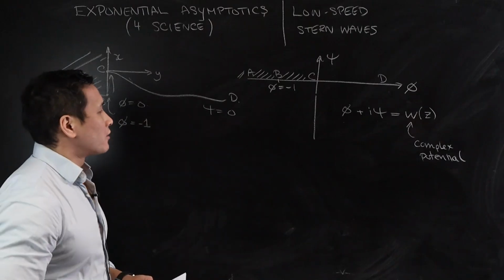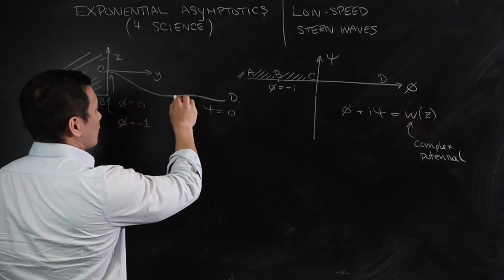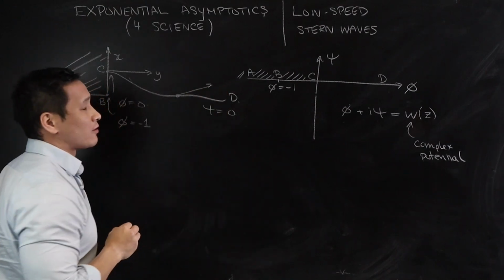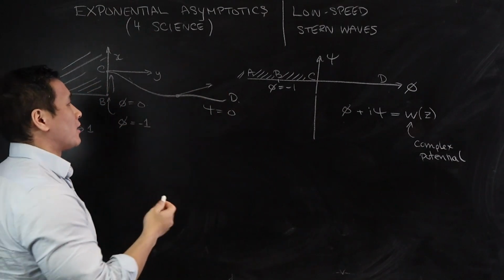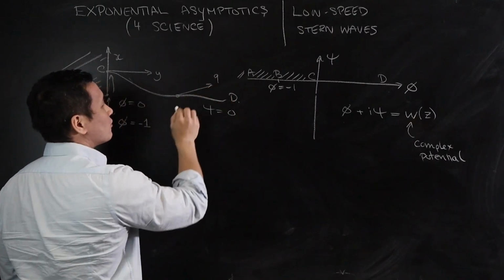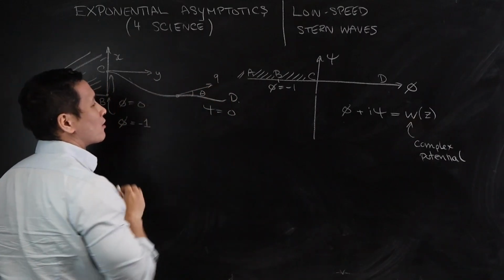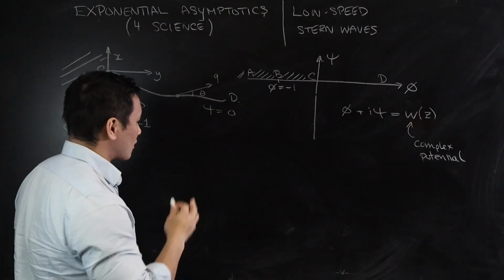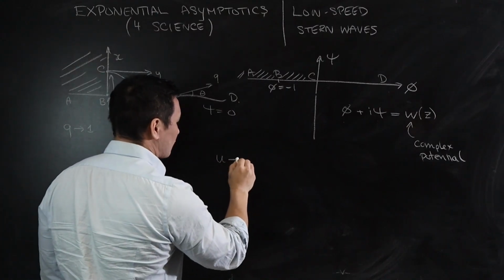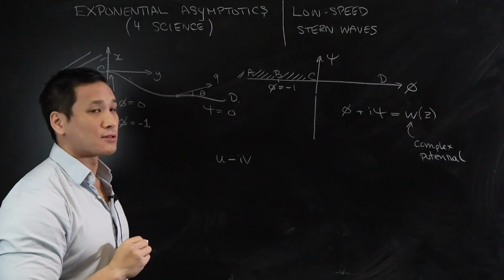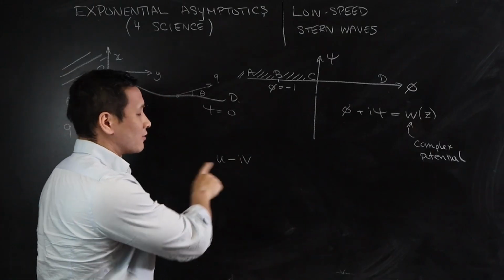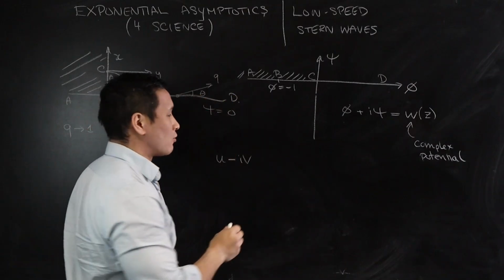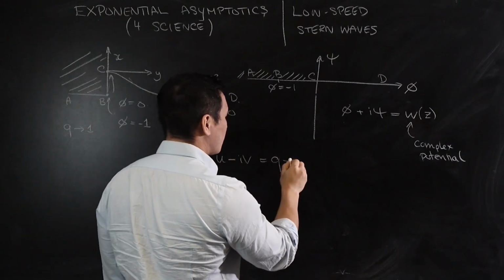Okay, so if you think of a particle that lies on the free surface, this particle has some velocity vector, and it has some speed, q, and some angle theta that the particle is oriented with respect to the x-axis. Okay? So essentially, your velocity vector, or your complex velocity, is u minus iv, the horizontal and vertical velocities. And in writing the notation in this way, what we've done is we've written it as q e to the minus i theta.